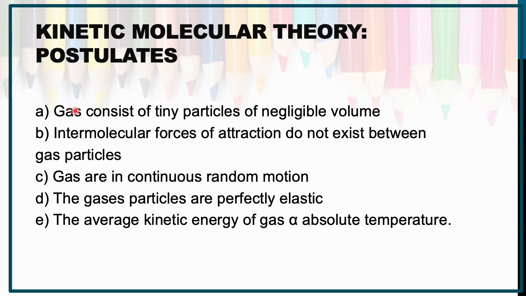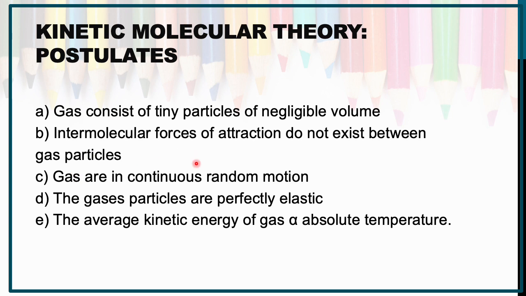Okay, for the first one, the theory says that a gas consists of tiny particles of negligible volume. Intermolecular forces of attraction do not exist between the gas particles, so there is no attraction between the particles.